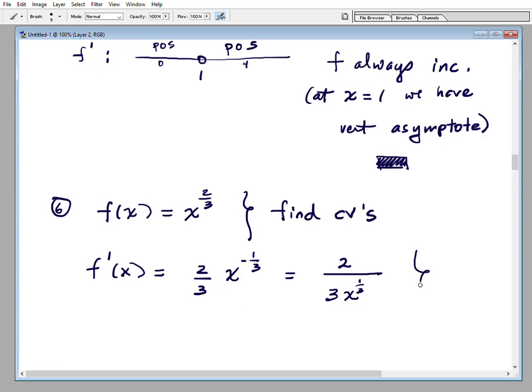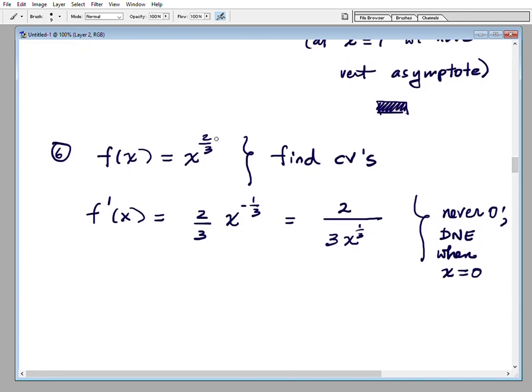This is never 0 because the numerator is never 0. And this does not exist when the denominator is 0, when x equals 0. But f is continuous at x equals 0. There's no problem here when x equals 0 because we don't have a negative exponent in f.